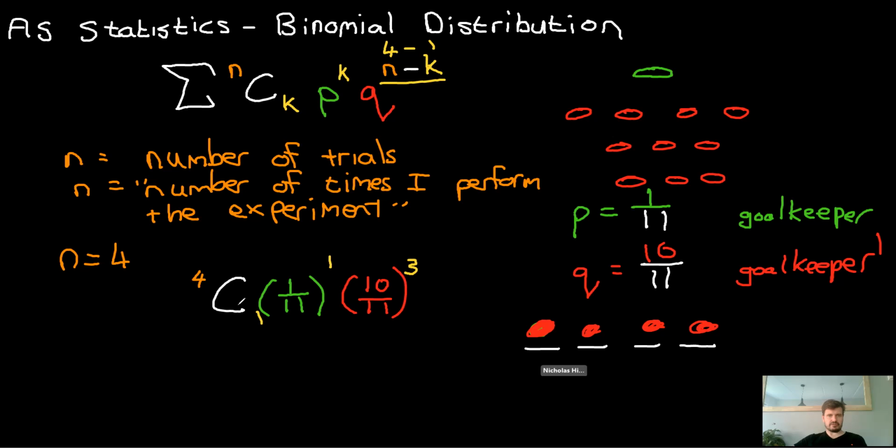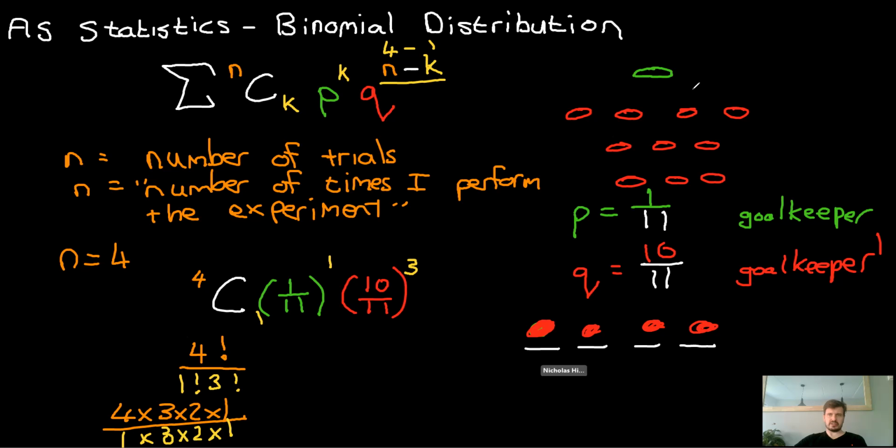Yes. So this 4 combination 1, what it looks like in maths is 4 factorial over 1 factorial times 3 factorial. Now, if I was to write that out long ways, I can go 4 times 3 times 2 times 1 over 1 times 3 times 2 times 1.